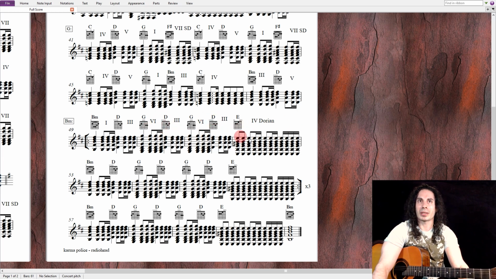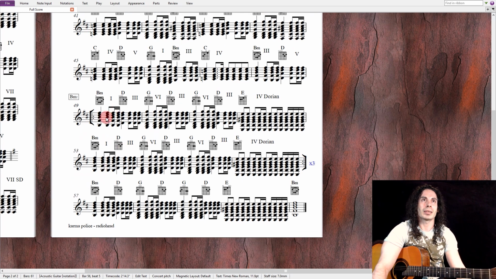And then we have the real cadence over here from E major to B minor, okay? He plays this part 3 times, and then the last time it resolves in B minor, okay?